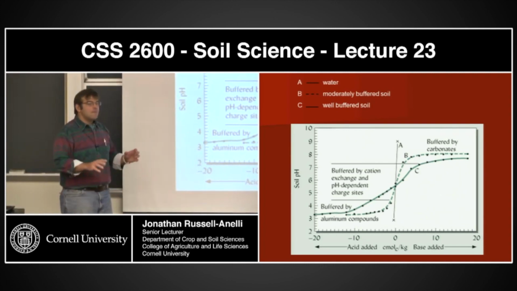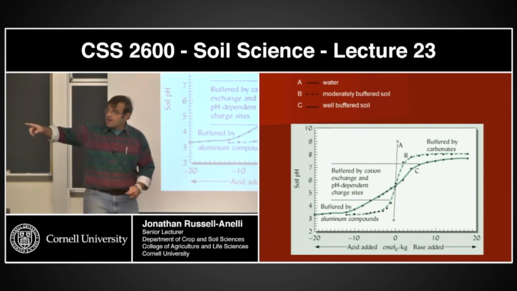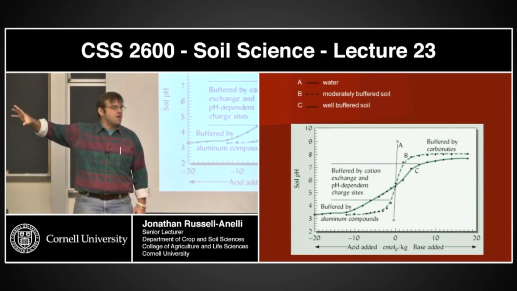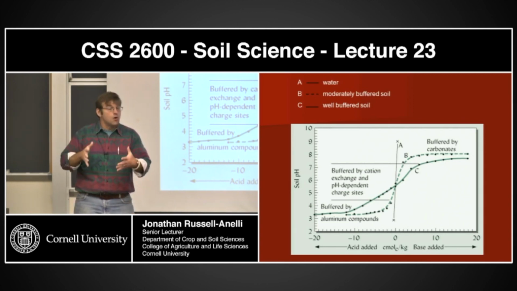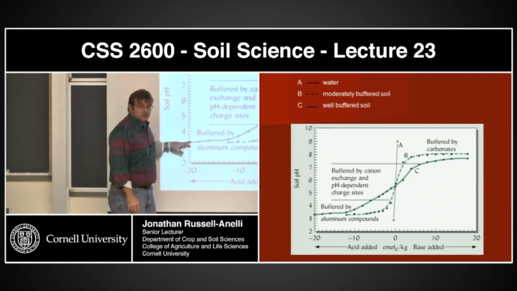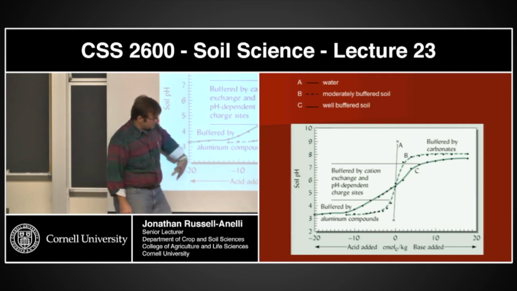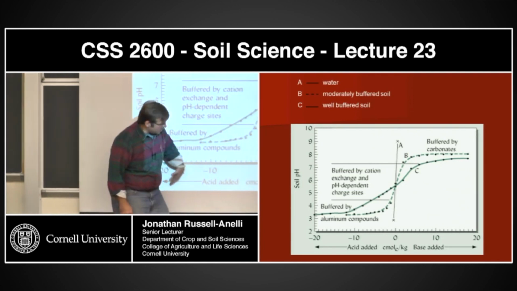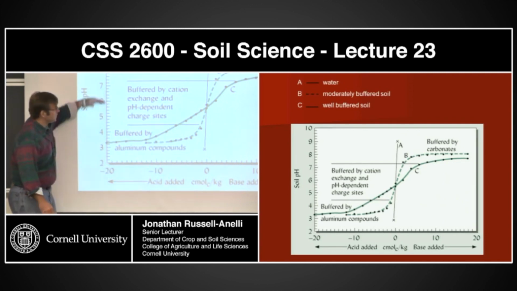Now imagine we have 2 soils. In one soil we have this really big CEC, high base saturation. In the other we have a small CEC, and it doesn't matter if we have high base saturation because we have a very small pool. This is the amount of protons down here, or the amount of bases added off of this neutral point, and this is the pH of the soil.